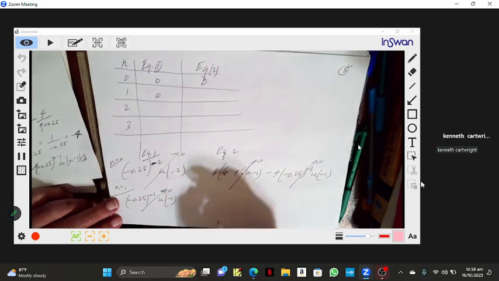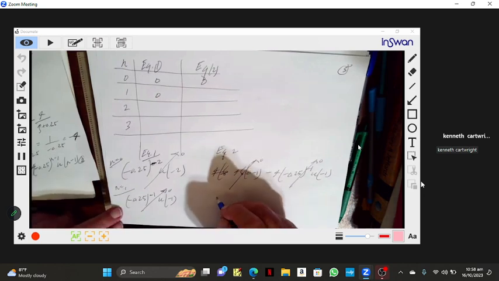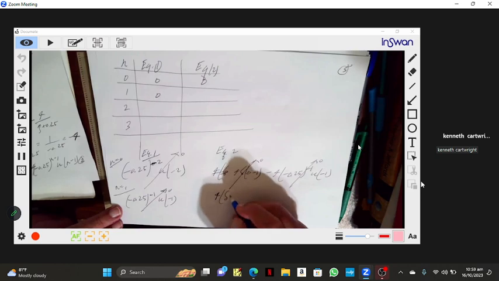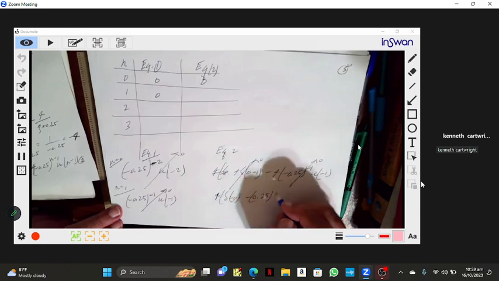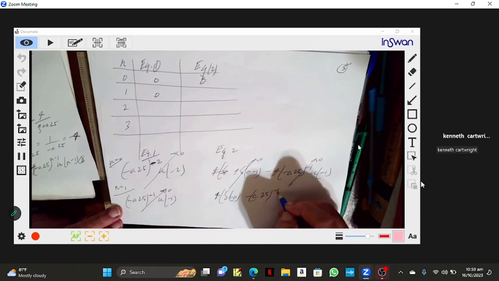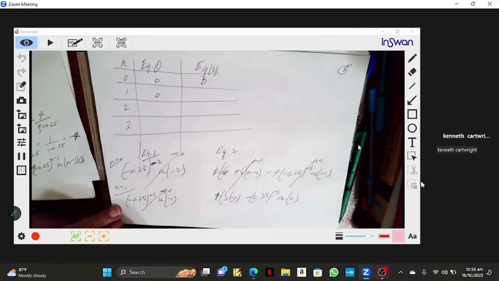Equation 2 is 4 delta of 0 minus 0.25 to the power of negative 1 u of 0.